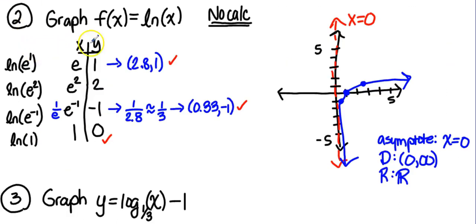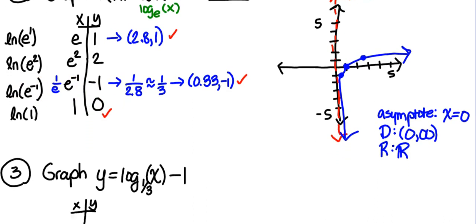For number 2, this was natural log, which, as we recall, is technically log base e of x. And then notice, powers of e became my inputs because nice things happened as a result when I calculated, since log base e of e, or natural log of e, cancels.